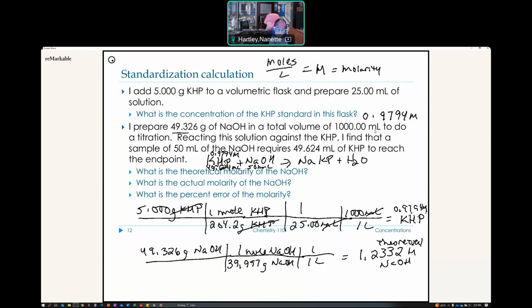We calculated this before. So I know that all of that information is true. Now, I need to figure out what the concentration is here. That's what I'm looking for. That concentration is the experimental value that I need to know, the actual molarity. That's what I'm looking for.